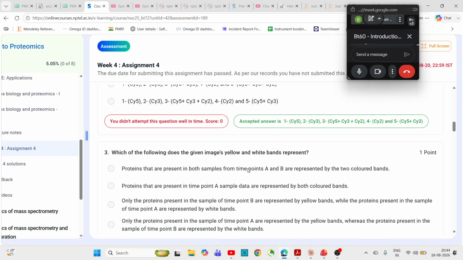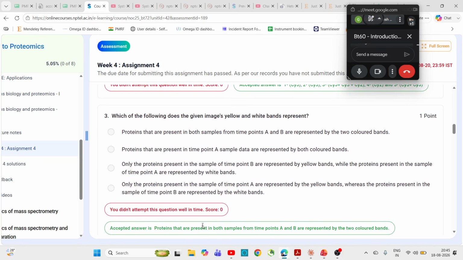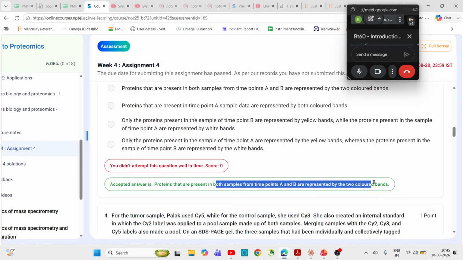You need to decide on either first or second. Which one do you think? So it's present in both the samples, time point A and B, which are represented by two colored bands.